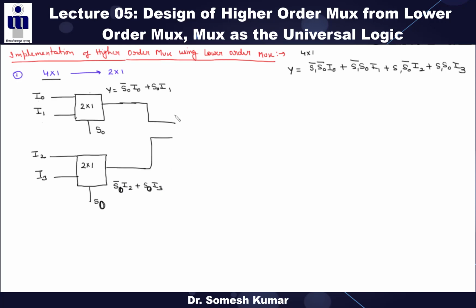If we give these two outputs to the next 2:1 mux, and the select line is S1, now tell me what is the final output. We can represent this as S2. This is the first input of the 2:1 mux, this is the second input of the 2:1 mux, and S1 is the select line. So we take S1 bar Y1 plus S1 Y2. What are Y1 and Y2?